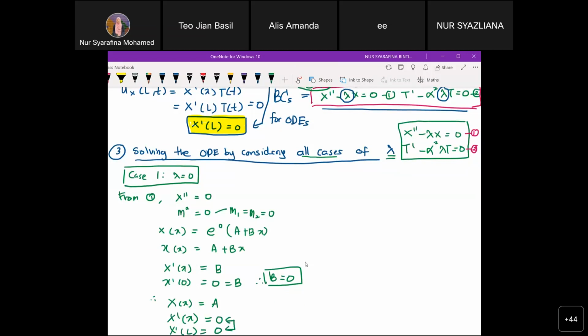Is a affected by this condition or not? Not affecting a, because a here is a constant alone. So the solution for this case, lambda equals 0, is x equals a. So this is one solution that you obtain from the first case here. Is that clear or not?